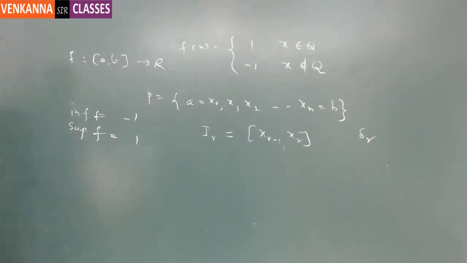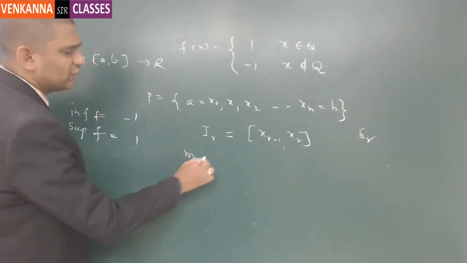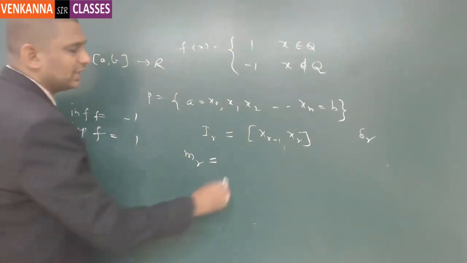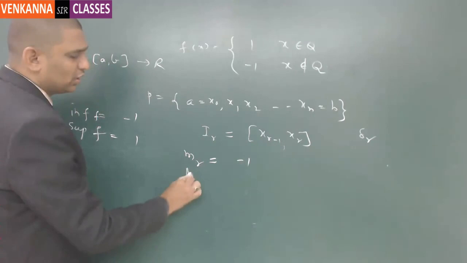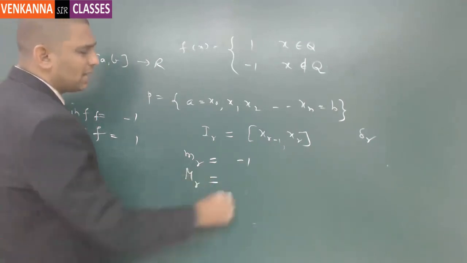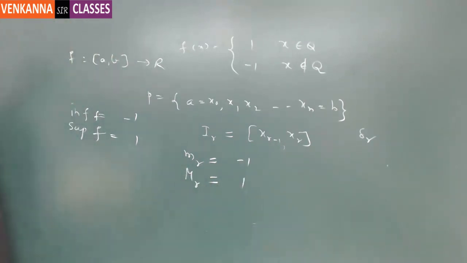So the infimum, small mr, is minus 1. The supremum, capital MR, is 1. Whatever subinterval you consider, first, second, third, and so on, last interval, the smallest value is minus 1 and the biggest value is 1. Yes or no?